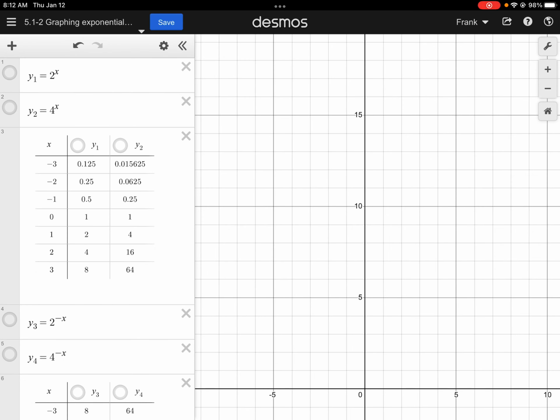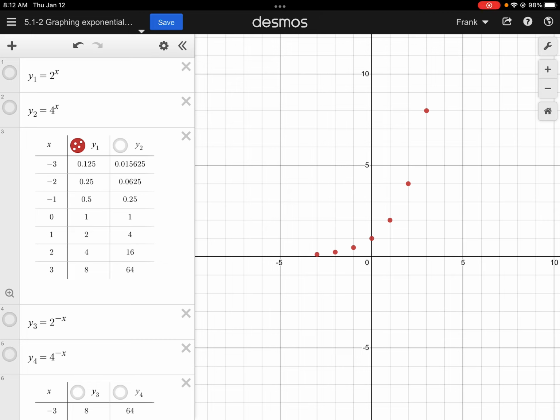So we're going to graph y is equal to 2 to the power of x, and normally the way I would graph this, I take x values and substitute them into the equation for x, and you could see how to do that in a prior video. Now, I've created a table in Desmos, so you could see right here on the screen, those are the points that we get when we substitute x is -3 through x is 3 into the function y equals 2 to the power of x.